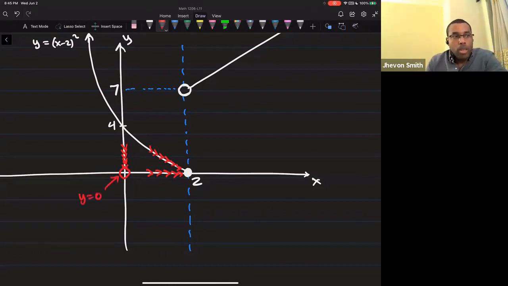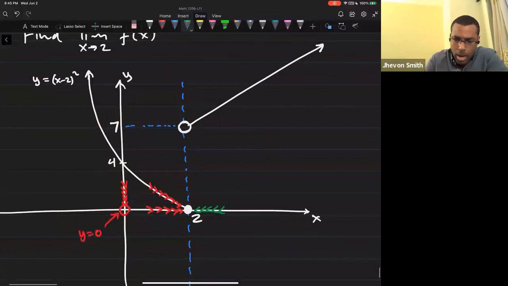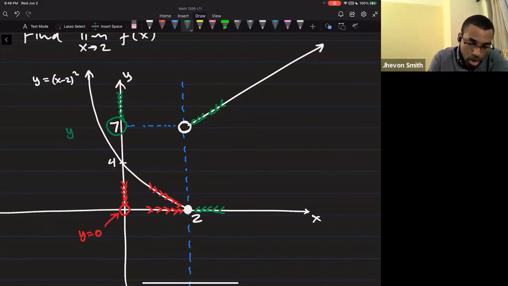But someone else could say, well, I got close to 2 over here, which means I'm on the right side of this function coming down like that, which means I have corresponding y values moving down like this, which means I end up here. So of course my y equals 7 here.